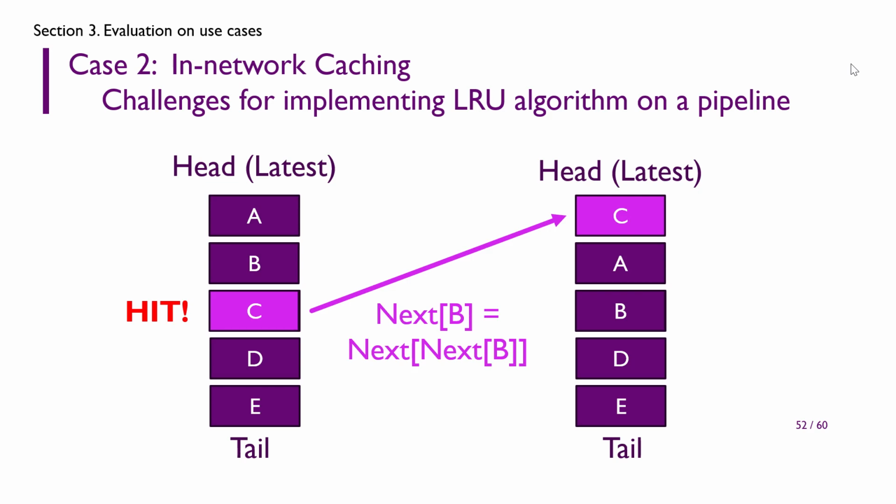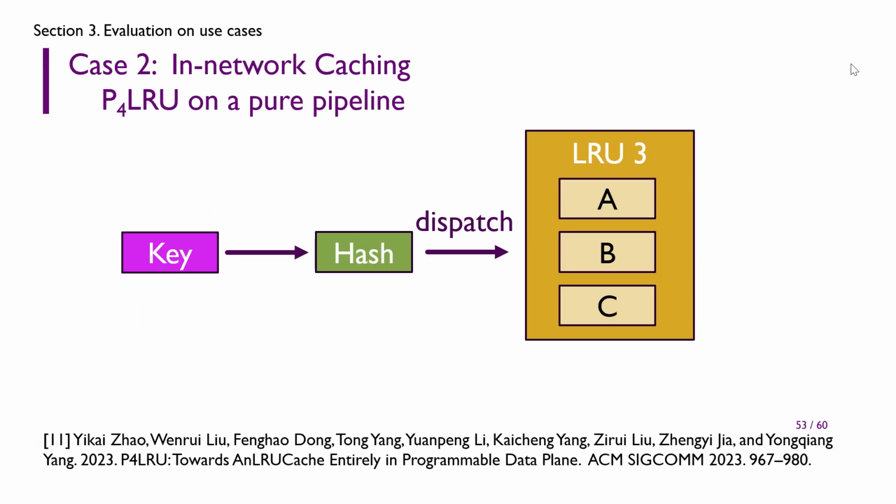However, it is difficult to implement caching strategies on a pipeline. For example, LRU needs to maintain a linked list, which is not supported because it's a non-atomic stateful operation. So, existing strategies tend to approximate LRU.